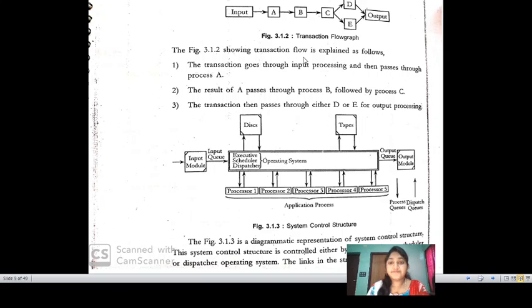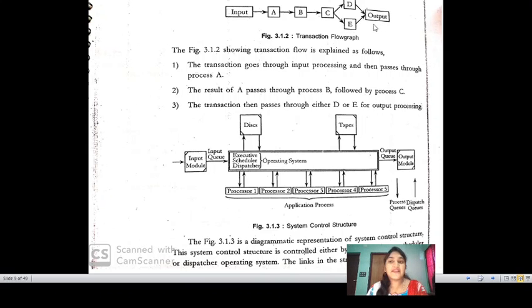So see here, this is the transaction flow graph. Input, A, B, C, D and E are some of the node processes used to produce output. The transaction goes through input processing and passes through A, and the result of A passes to B, followed by process C. The transaction then goes through either D or E. In this way one transaction will be raised, output transaction.